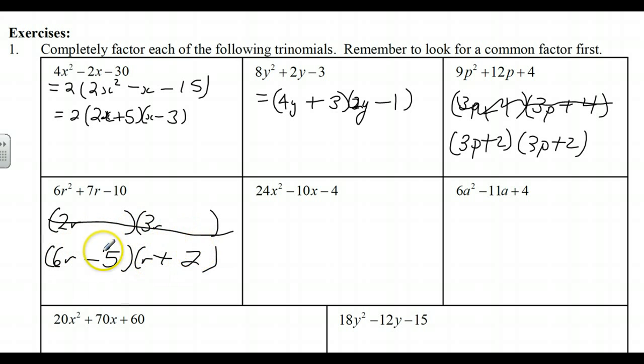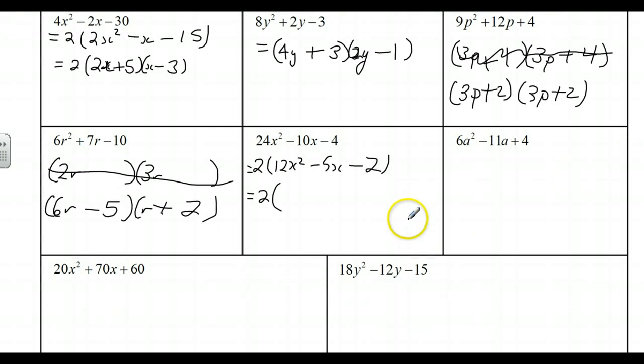Common factor, 2. 12x squared minus 5x minus 2. Wow, 12. Okay. I'm going to do a little bit of playing first with numbers. I can do this down here, this will be my scrap paper. 12 can be 1 and 12, or 2 and 6, or 3 and 4.